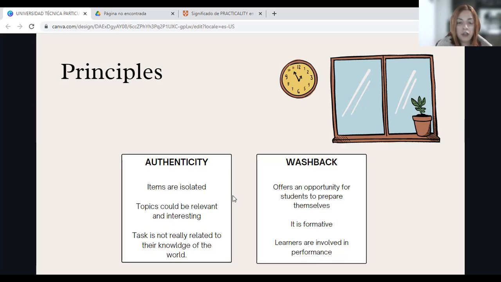So, as a conclusion, in my opinion, I can say that this might be a good formative activity, but it must be more related to the students' knowledge of the world. That is one aspect I could mention.